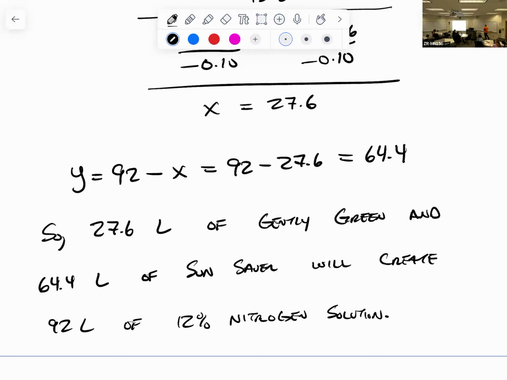So 27.6 liters of Gently Green and 64.4 liters of Sun Saver will create 92 liters of 12% nitrogen solution.